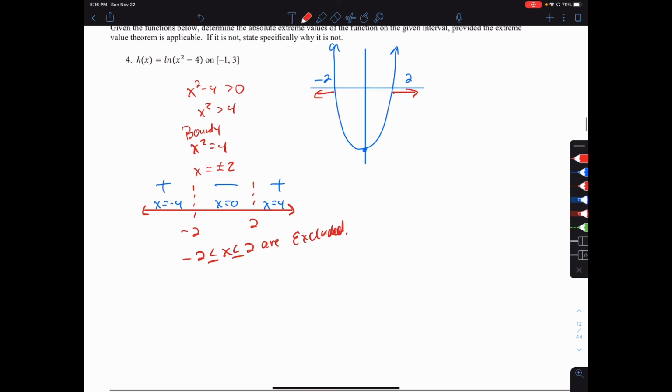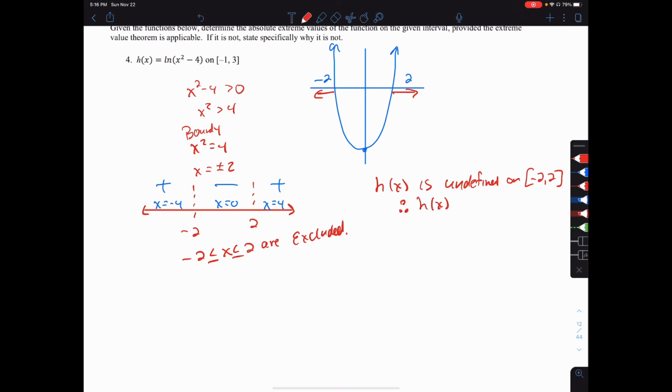Long story longer, h of x is undefined from negative 2 inclusive to positive 2. Therefore, h of x is not continuous.